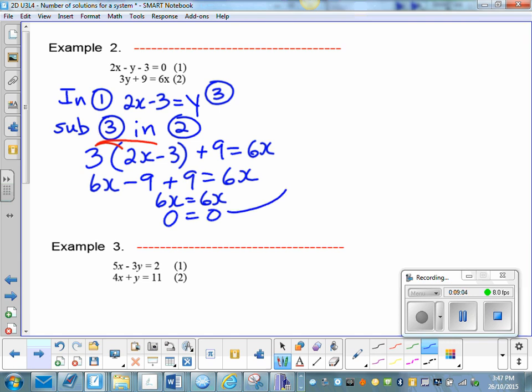Well, if we compare that to what happened before, 0 is equal to 0. That's something that is always true. So if it's always true, that means the lines always cross.